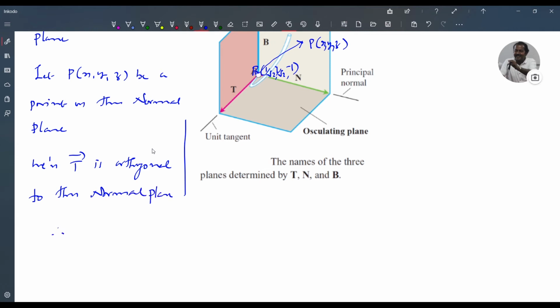Therefore, T is perpendicular to P naught P. That is, P naught P dot T equal to 0.